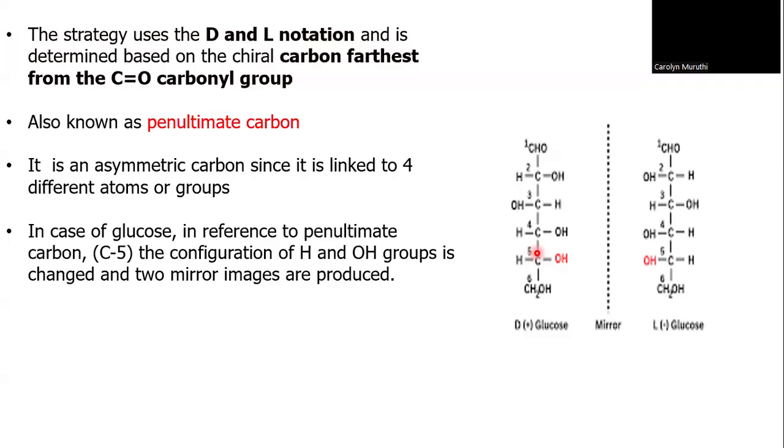So the configuration of the hydroxy group, using glyceraldehyde as reference, if it is on the right, will give rise to D-glucose. And if the hydroxy group is on the left, it will give rise to L-glucose, and so 2 mirror images are produced.